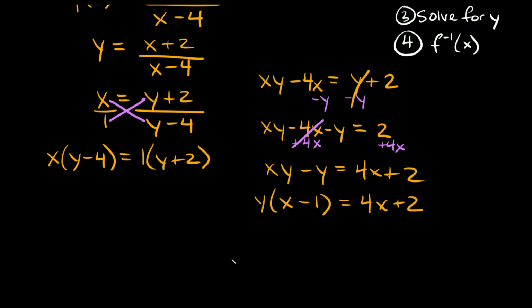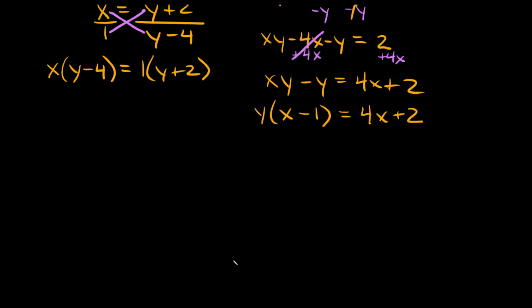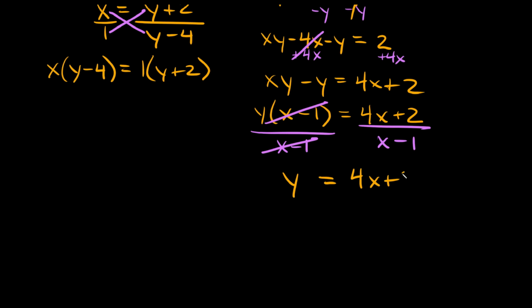I'm going to scroll down this time to have some extra room. Now in order to isolate the y, we need to get rid of this x minus 1. We can do that by dividing both sides by x minus 1, because then on this side, the x minus 1 on top and bottom cancel out. So we're just left with y, and we get y is equal to 4x plus 2 over x minus 1.